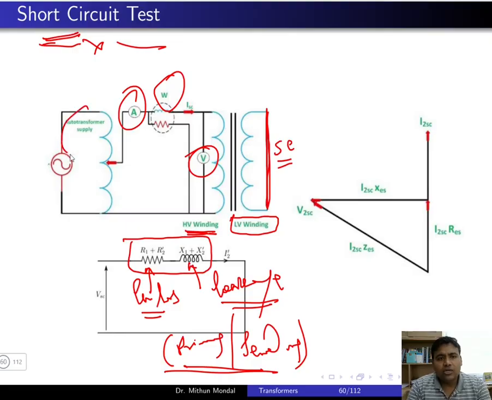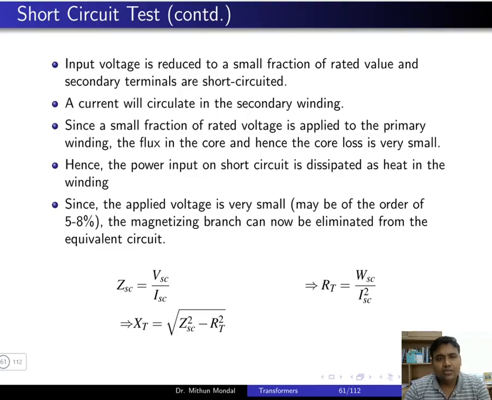Again, you have an auto transformer to slowly vary the voltage. So we will find the series parameters by performing the short circuit test. Now the input voltage is reduced to a small fraction of the rated value, and the secondary terminals are short circuited.